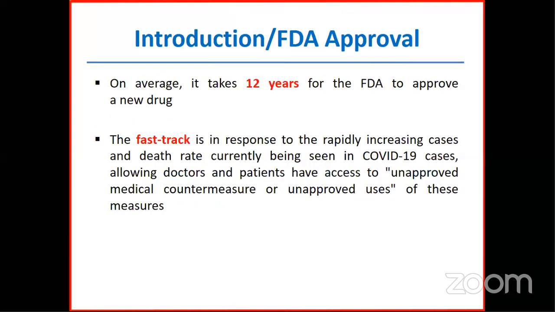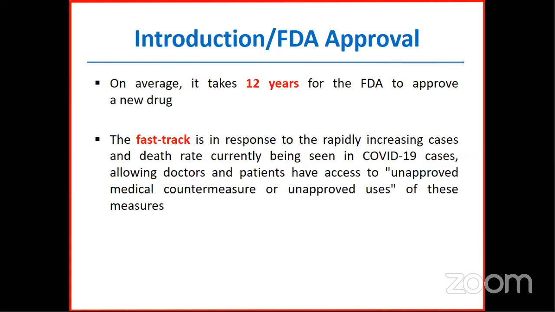Why haven't we made a drug or found a treatment? It's not an easy thing. Usually, to approve a new drug, we need at least 12 years to be approved by the FDA.